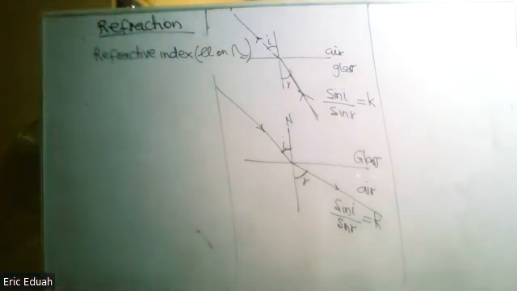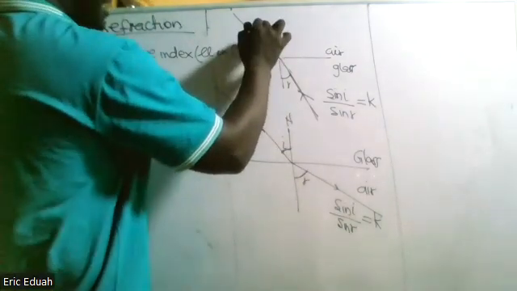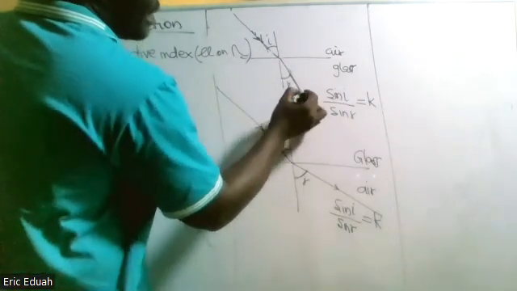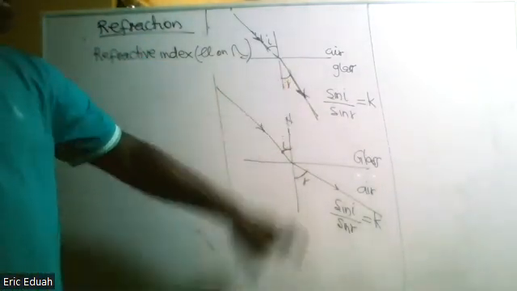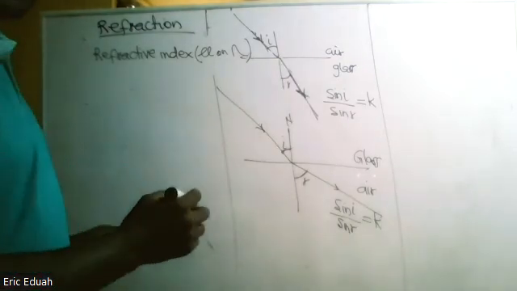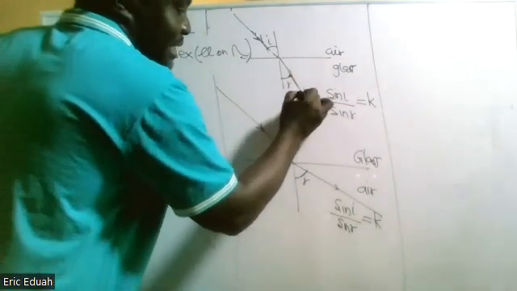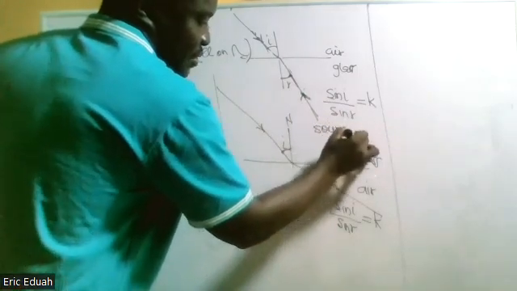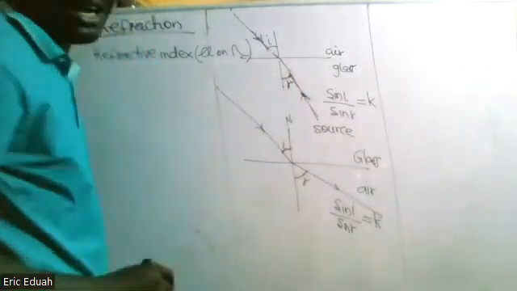All that we are changing is the source. Before, the source was here, and then there's the emergent ray coming out of the second medium. Now we are reversing it by taking the same angle, but the source is now here. Source of light is now here, meaning we are taking this R value as the angle of incidence.